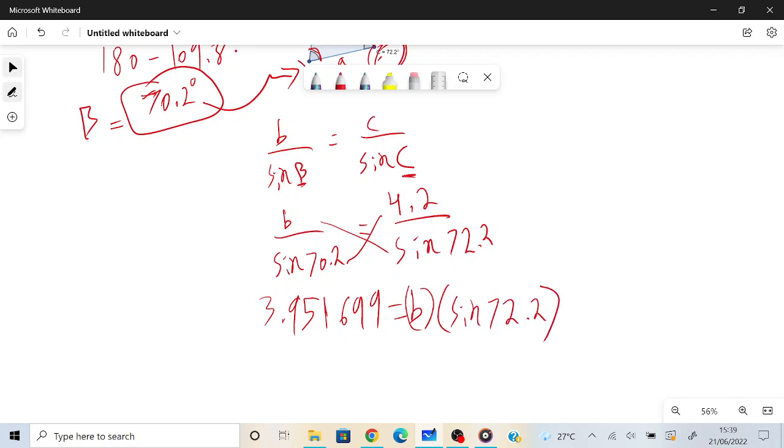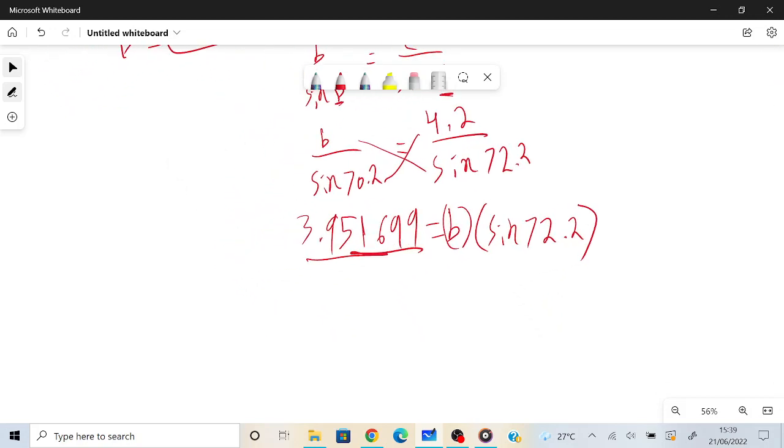Now you may be wondering why I use such a long number. It's because the longer it is, the more accurate it tends to be in terms of decimals, and since we are not at the final answer, we're still in process, so we should use bigger numbers. Of course, your final answer can be rounded off to the required amount of accuracy. That might be 3 significant figures, or 2 decimal places, or 3 decimal places.